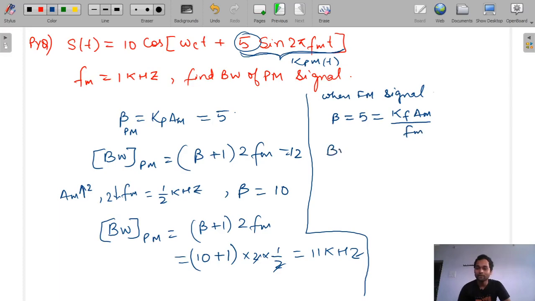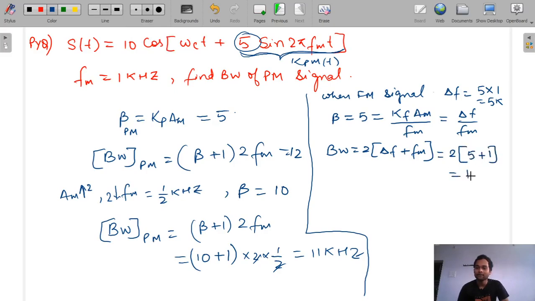So bandwidth will be 2 into (delta f plus fm), and beta is also equal to delta f by fm. So delta f will be beta into fm, so that is equal to 5 into 1 kilohertz, that is equal to 5 kilohertz. So it will be 2 into (delta f is 5, fm is 1). So again that is 12 kilohertz.